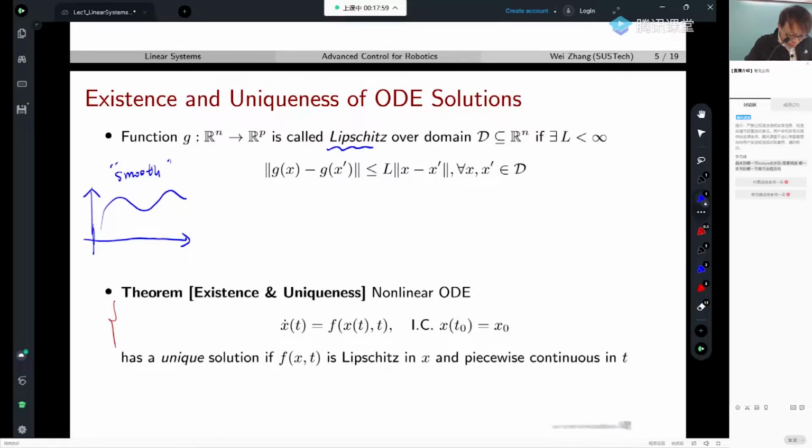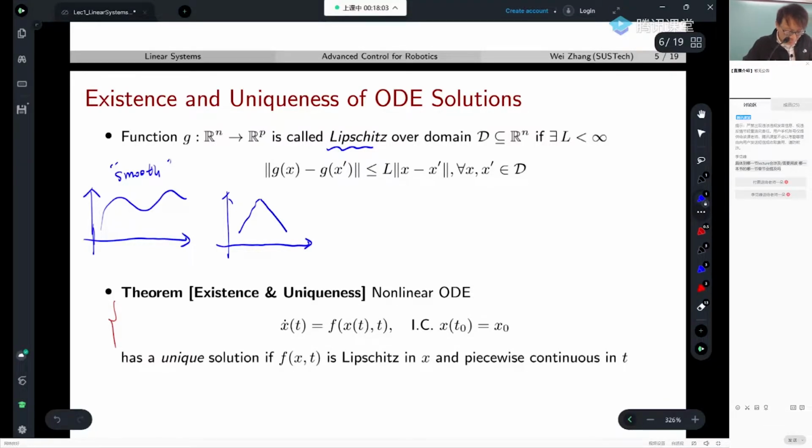This is a smooth function. What about this function? Is this continuous? It is continuous, right? But not smooth. This part you cannot take derivative. So this one is still continuous, but not smooth.